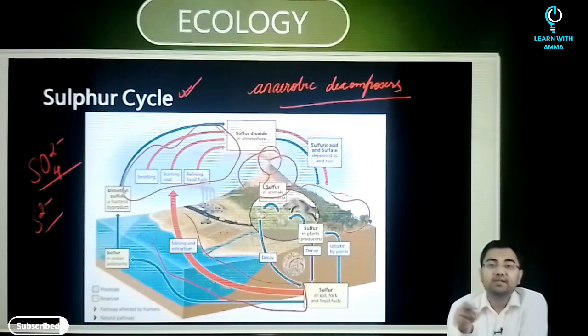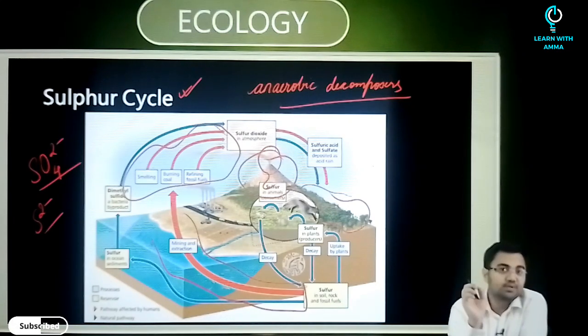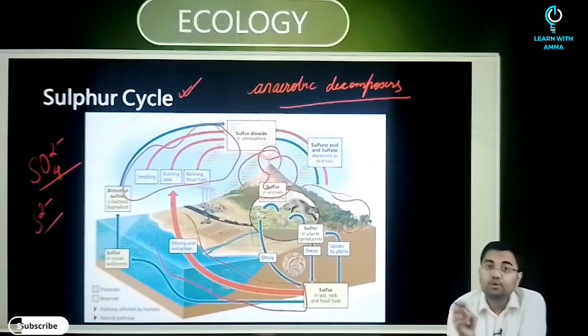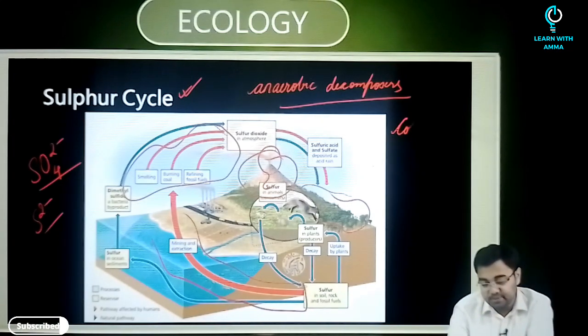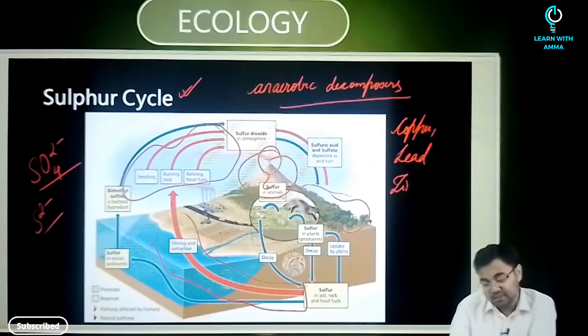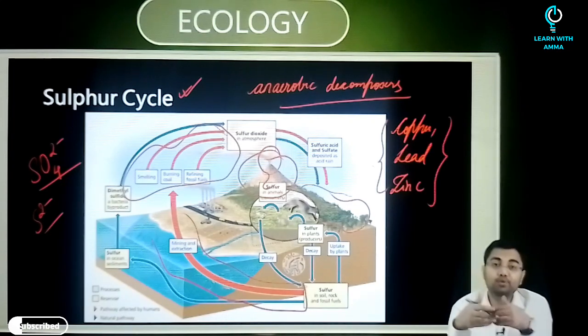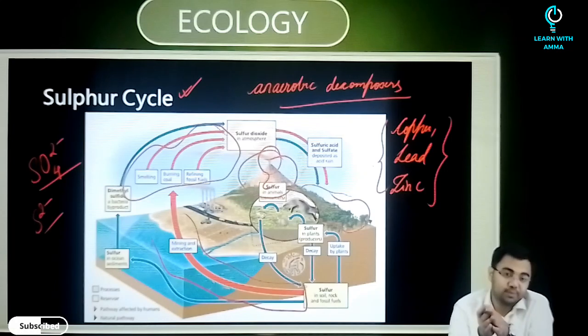Second, when we refine sulfur containing petroleum to make either petrol or other kinds of oil, there also sulfur comes into the picture. And then when we convert sulfur containing metallic mineral ores into free metals, such as copper or lead or zinc, all these activities add more sulfur into the atmosphere. So again human intervention is there.